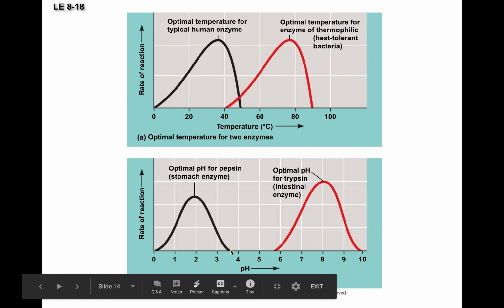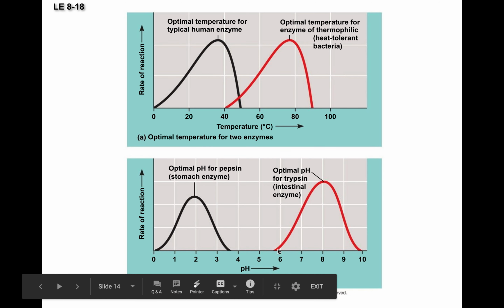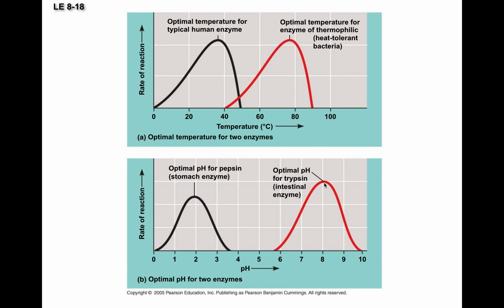And as the pH goes towards basic, its activity goes down. Whereas the trypsin enzyme, which is present in the intestine, where you have a lot of bile fluid, which is basic by nature, its activity starts picking up. And as you get to more and more basic, around 8, that's when the activity peaks.